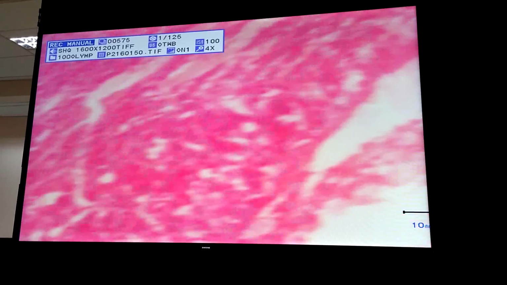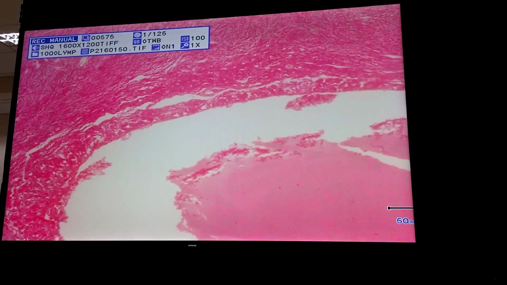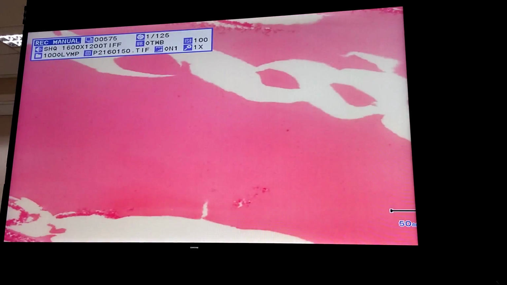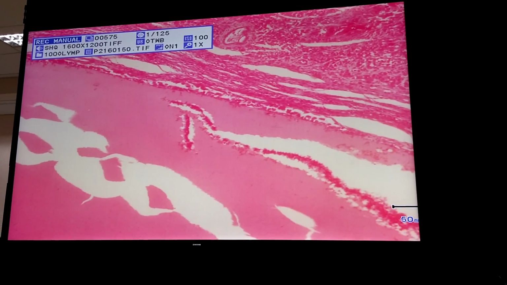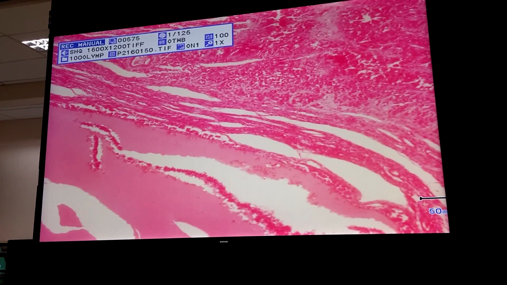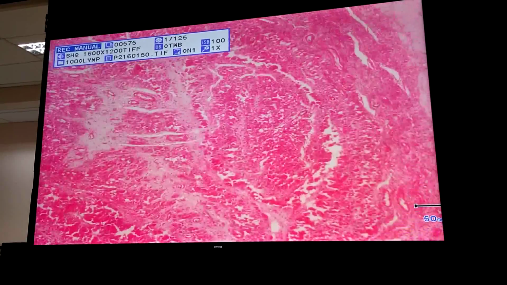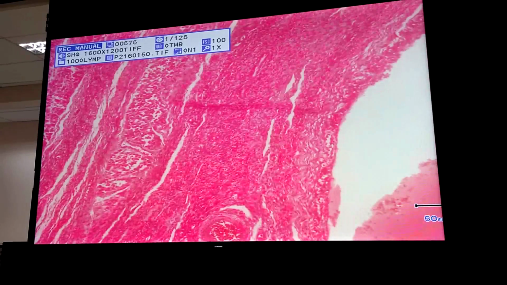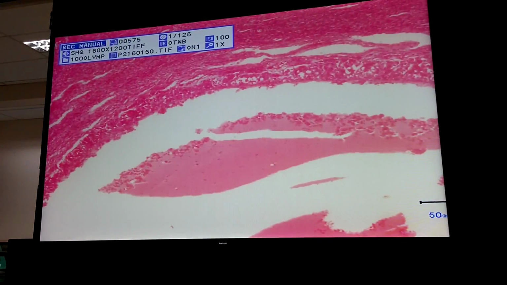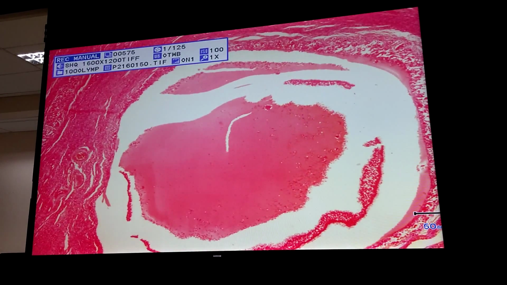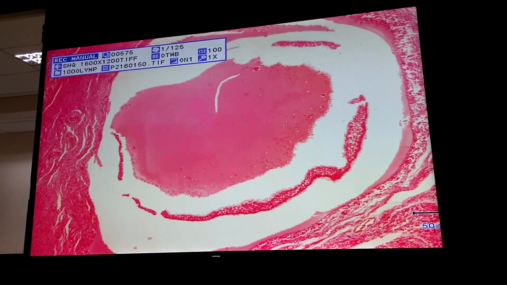And then when you already see space inside the follicle, such as that, a fluid-filled cyst in a dilated follicle, the follicle will now become called secondary or antral follicle. And then the mature follicle is called Graafian follicle. So that is the appearance of an antral follicle.